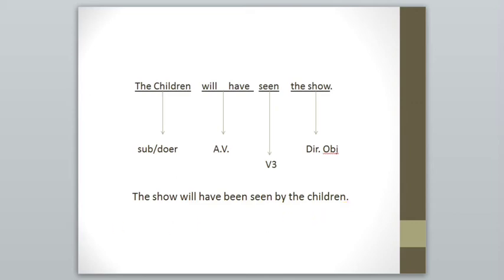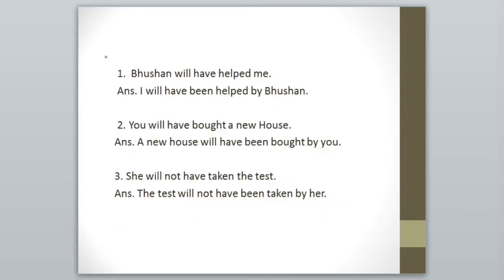Now, next sentence is, first sentence, Bhushan will have helped me. Bhushan is the subject, means the doer. Will have, showing the perfect tense of future, means the future perfect.